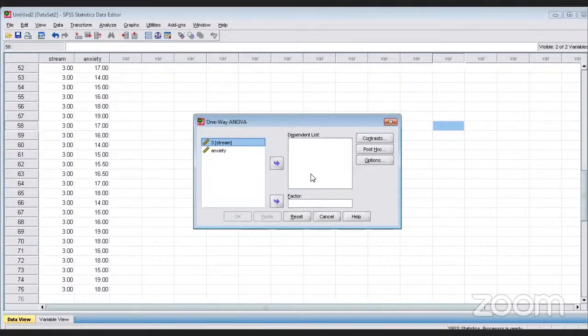You will get this dialog box. In the dependent list, you have to shift the anxiety because it is a continuous variable. And under factor, you have to shift the stream because it is a discontinuous variable. So Sojanya, have you understood up to here?